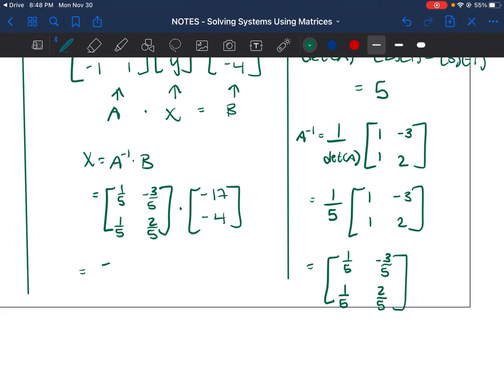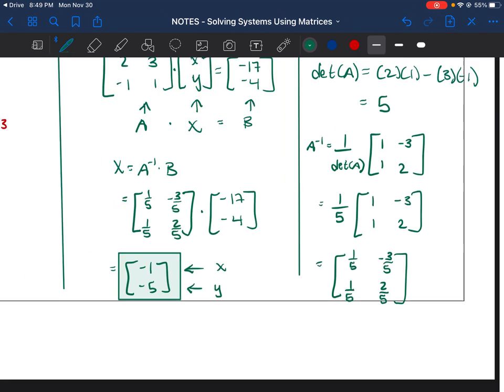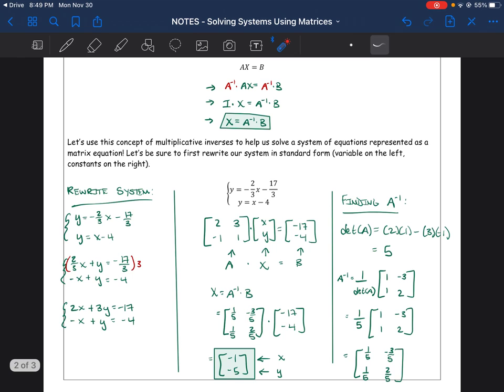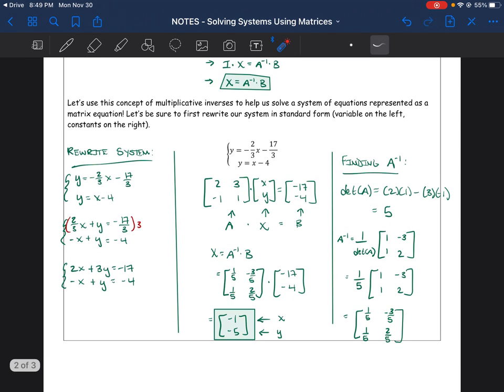Multiplying those together, we would get -1, -5, and this would be our solution. And notice that means that -1 would be the X value, -5 would be the Y value. So that's how we can use inverses, multiplicative inverses, to solve a matrix equation like that.